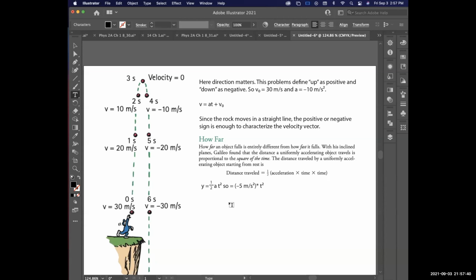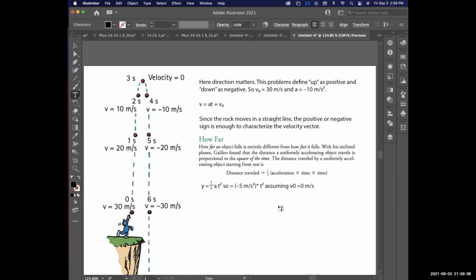Plus, this is assuming v0 equals 0 meters per second.